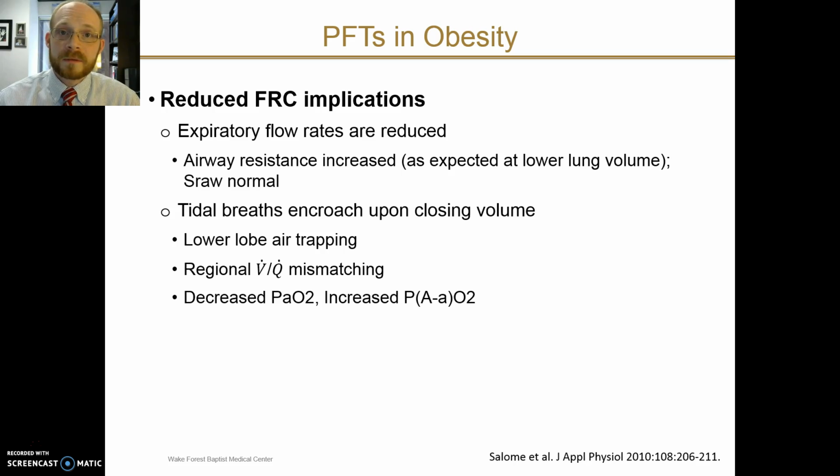At extreme levels of obesity and extreme reductions in FRC, even tidal breathing can encroach upon the closing volume. This can lead to air trapping that increases in the lower lobes and regional mismatches in ventilation and perfusion. The end result of this can be that there's hypoxemia and an increased AA gradient.